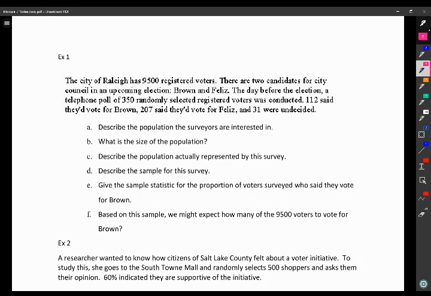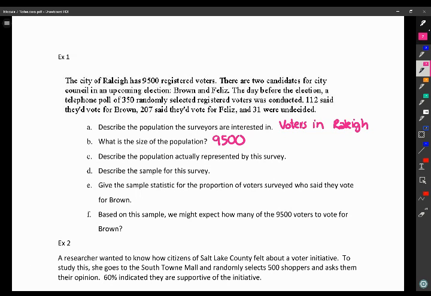So when they talk about the population the survey is interested in, it's all the voters, okay? So all voters in Raleigh. If they talk about the size of the population, there's 9,500 registered voters in Raleigh.